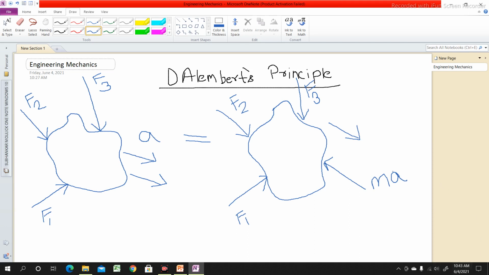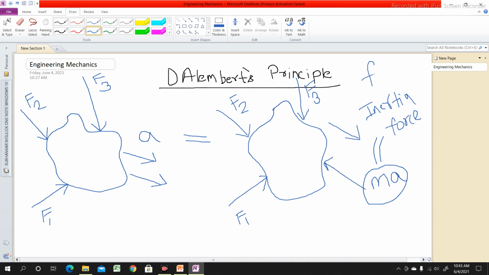This force ma, which we have applied in the direction opposite to the direction of motion of the body in order to keep the body in static equilibrium, is known as inertia force, denoted by the symbol Fi.